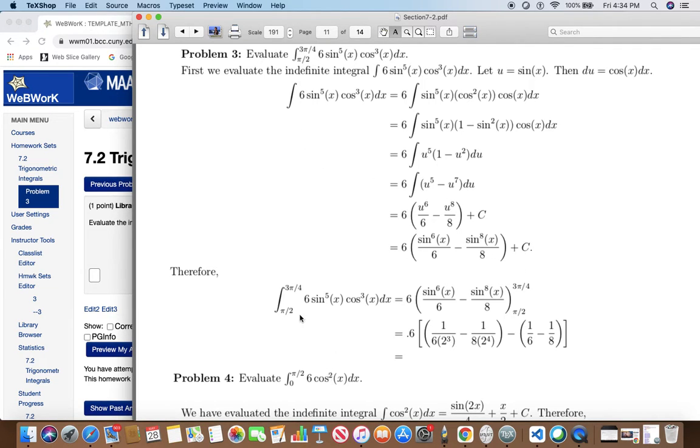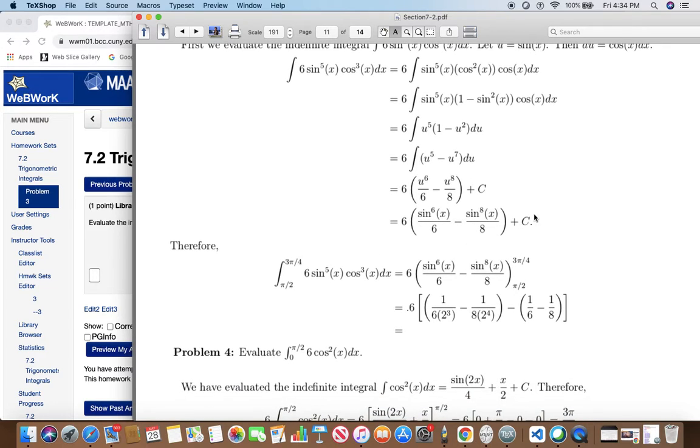So now to evaluate the definite integral, we don't need the constant of integration anymore. We just need to evaluate this entire expression at the upper limit and subtract the value at the lower limit. Remember, what is sine of 3 pi by 4?